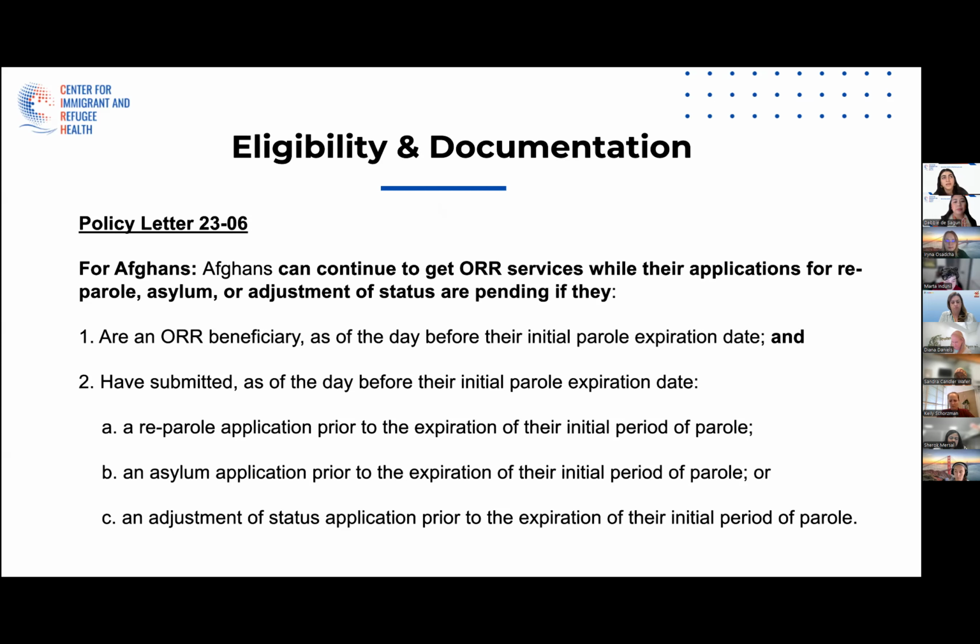So essentially, if an Afghan who came here as a parolee is also applying for asylum, technically they're an asylum seeker, but if they applied for asylum prior to the expiration of their parole, they are still eligible for services. Next slide.